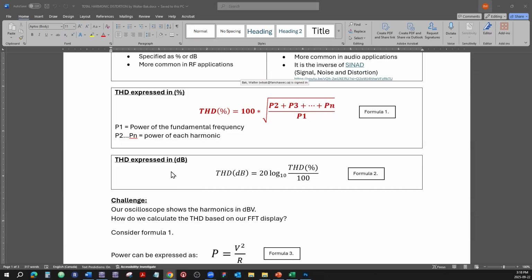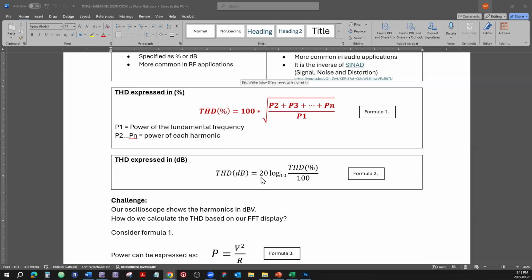Or dBV, which we get displayed on our oscilloscopes when we turn on the FFT function. Then we get the results in dBV, which is a decibel measurement with a reference to 1 volt RMS. Okay? So total harmonic distortion expressed in decibels, not dBV, not dBm, it's just decibels.